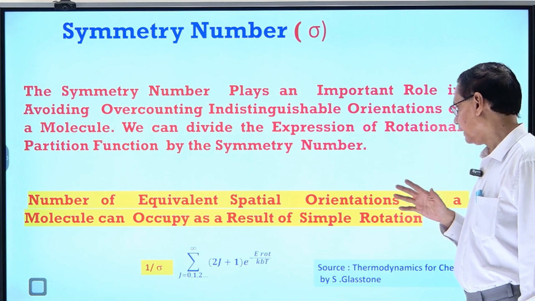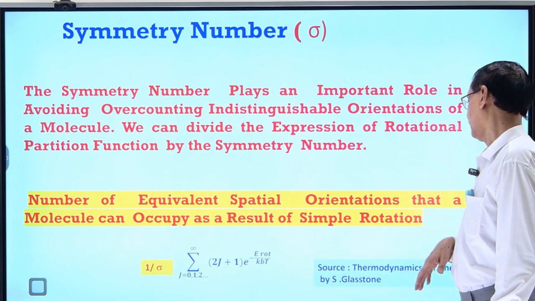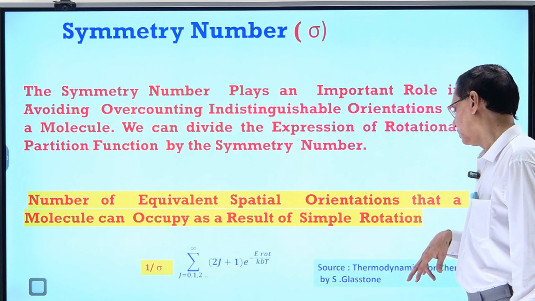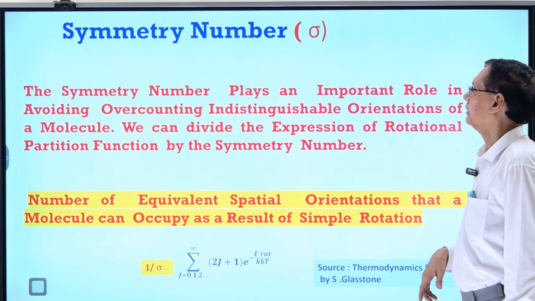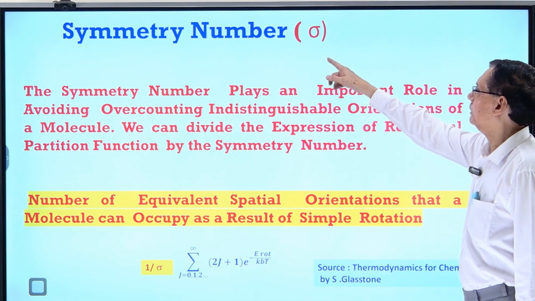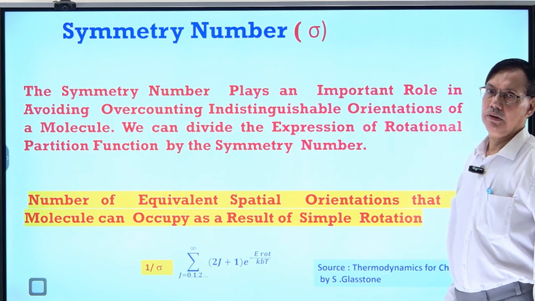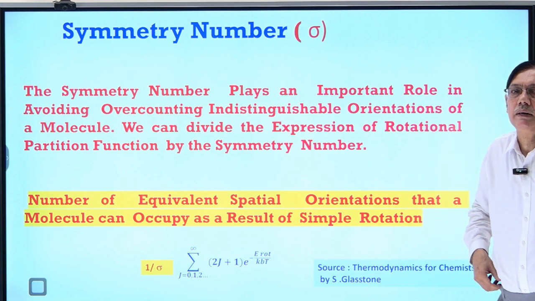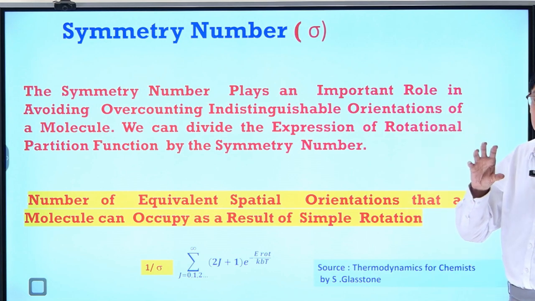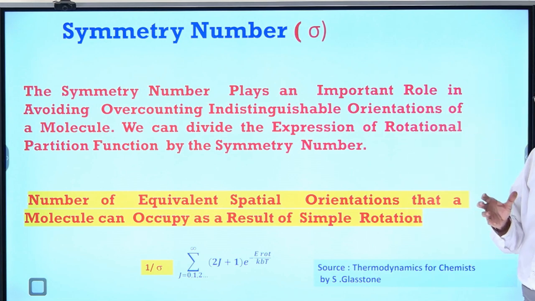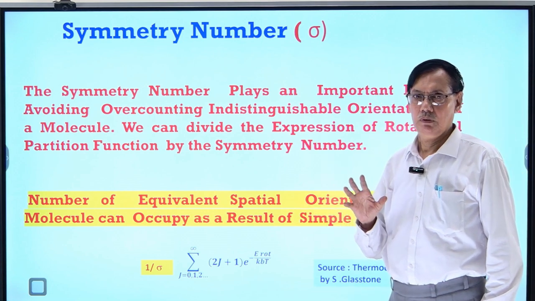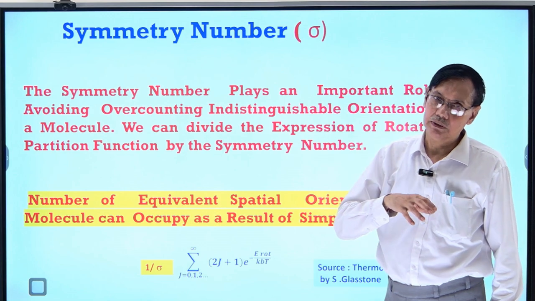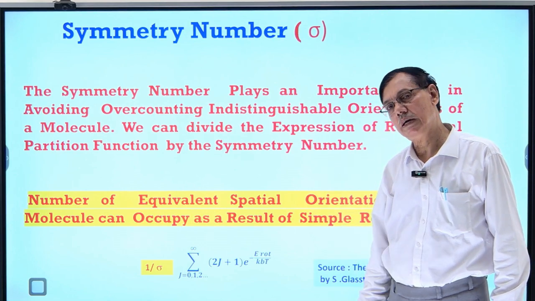What is that modification? In the denominator part, I have to use one factor or number that is called the symmetry number. In the introductory part, I have already given you examples: water, ammonia, CH4, nitrogen, oxygen, carbon monoxide.